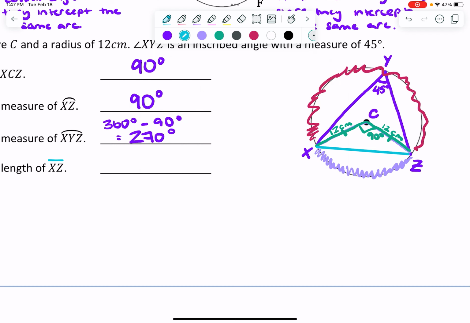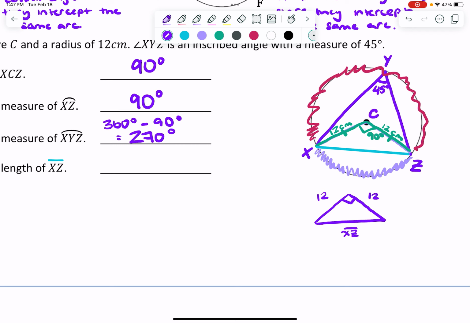Now, I might think to myself, I don't know how to combine angle measures and side lengths. But what else I might also see is, hey, hold on, I have a right triangle there. I have that 90-degree angle, and I know 2 of the 3 side lengths.